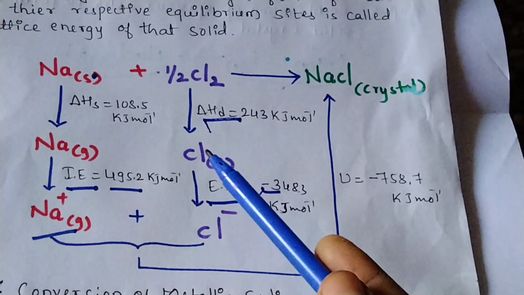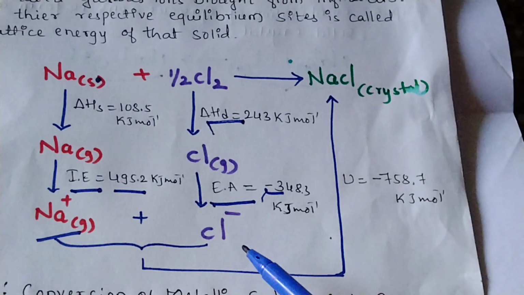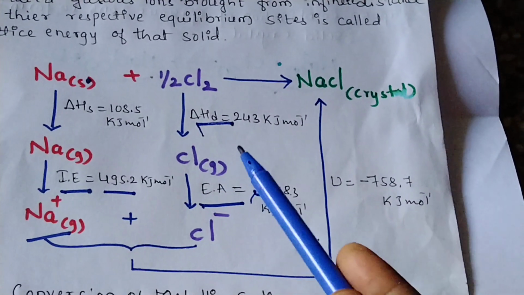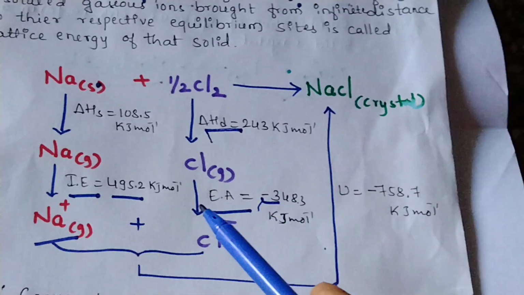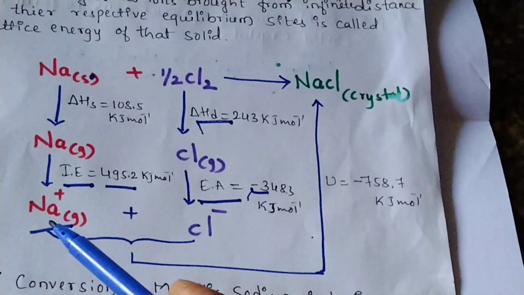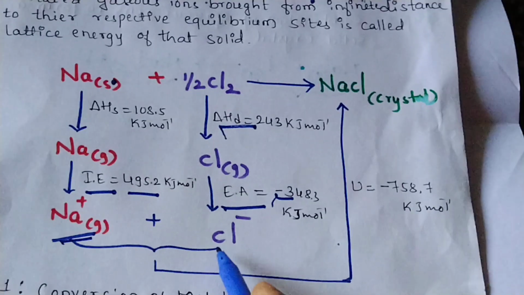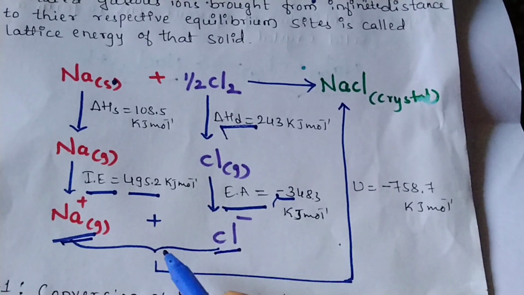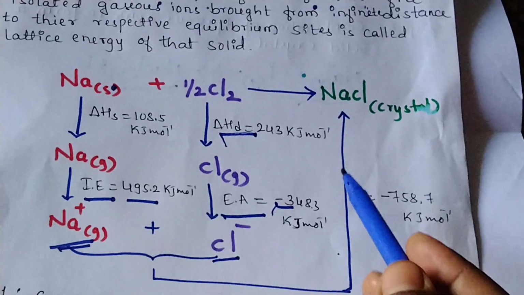In the fourth step, the conversion of a gaseous chlorine atom into a chloride ion releases energy, that is the electron affinity. Now the combination of a cation and anion brought together releases some amount of energy.